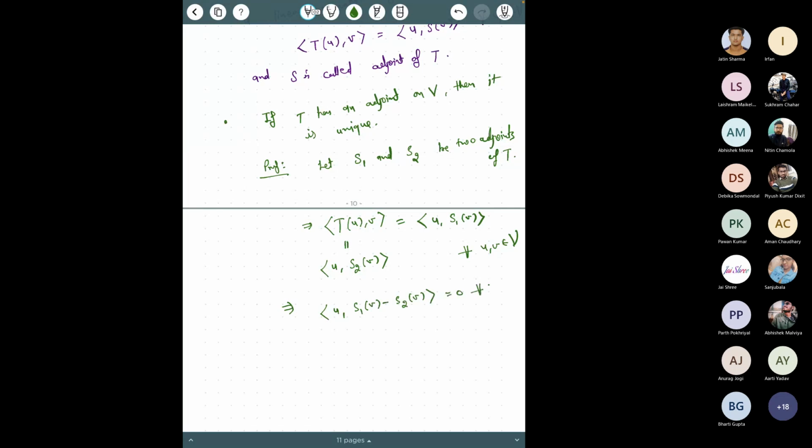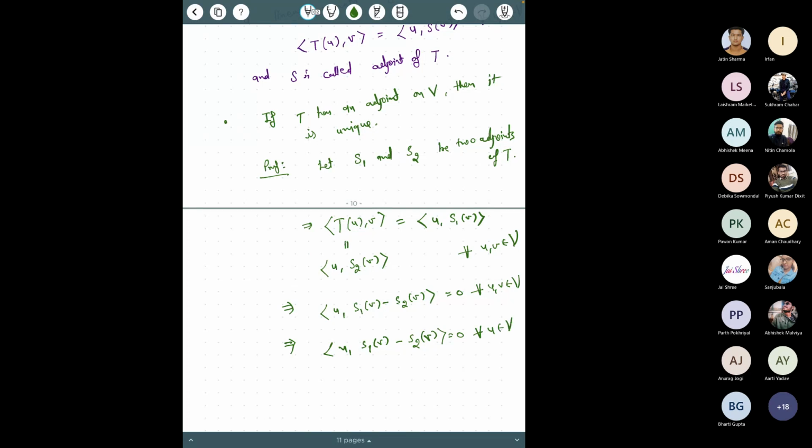Now, this expression is true for all vectors U and V in the vector space V. If I fix a V, this expression is true for all U. So for a fixed V, I can say that S1V minus S2V is 0 for all U in V, right? If I fix V and vary U, then this is true.